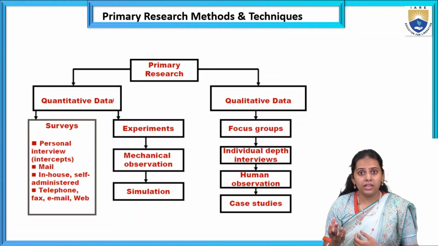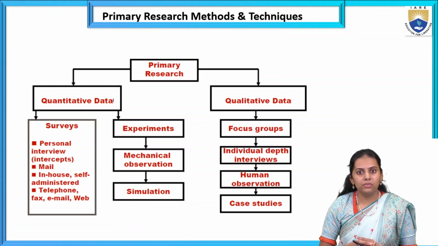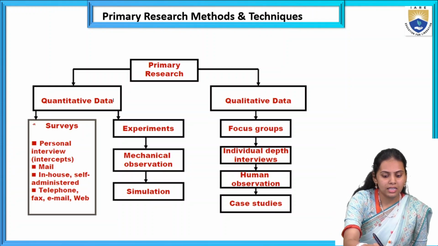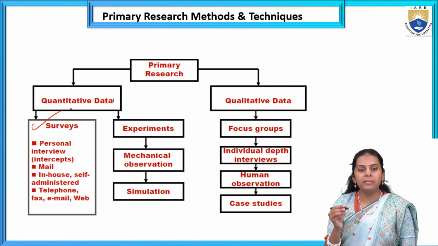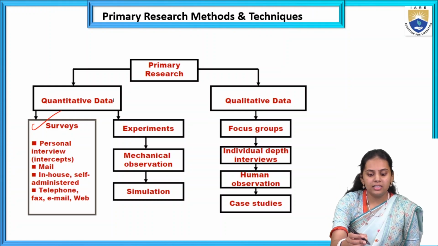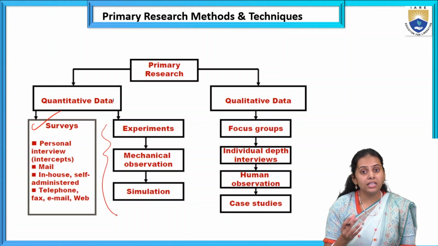And sometimes we also go with different experimental methods, mechanical observation, and simulation. Because these surveys measure the quantity of data, and these are the things which always give quantitative data measurement.